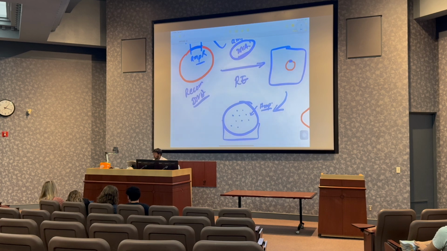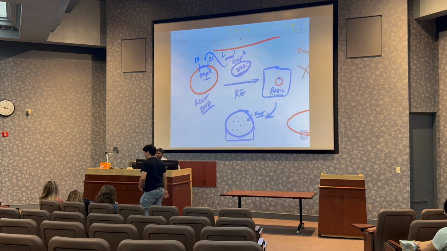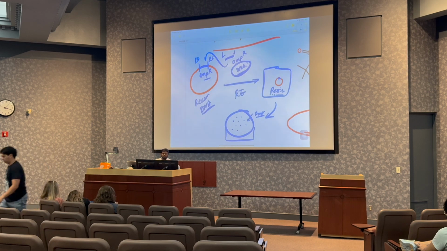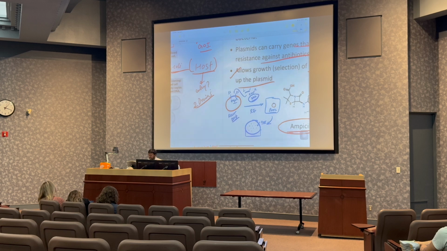Because they are now resistant to the particular antibiotic. Similarly, you can add multiple antibiotic resistance genes to a plasmid to make sure they can survive in an environmental condition if they are exposed to different antibiotics. This is how we can select the colonies which have antibiotic genes.